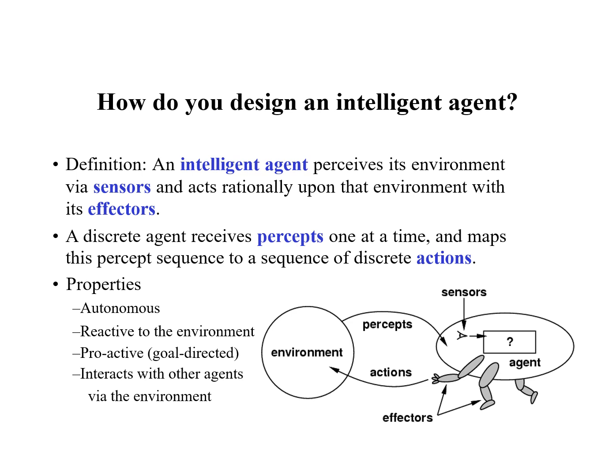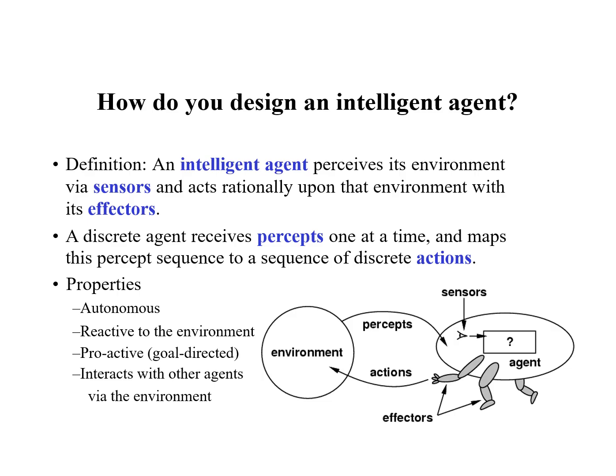A discrete agent receives percepts one at a time and maps this percept sequence to a sequence of discrete actions. An intelligent agent understands more about the environment via sensors and acts accordingly with the effectors with the help of understanding about the environment.